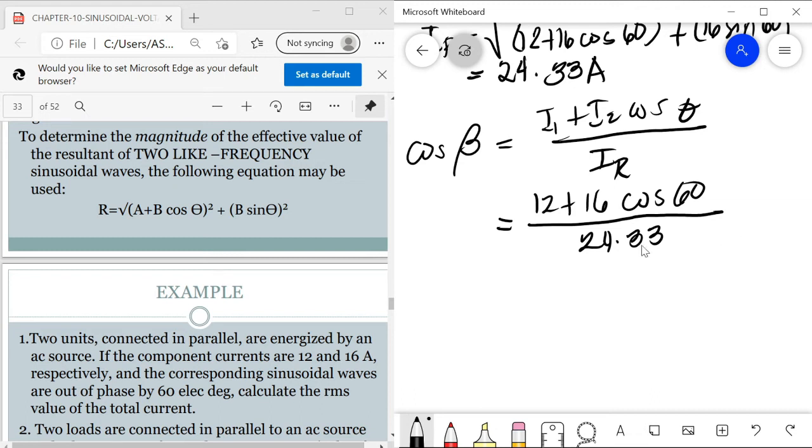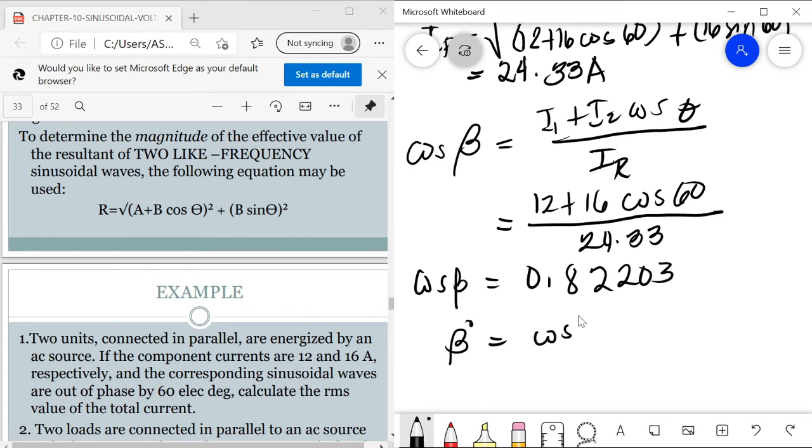That is cosine beta equal to 0.82203. So, angle beta is equal to our arc cosine of 0.82203.